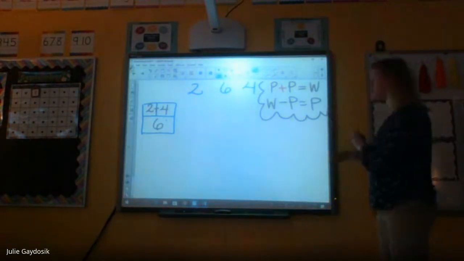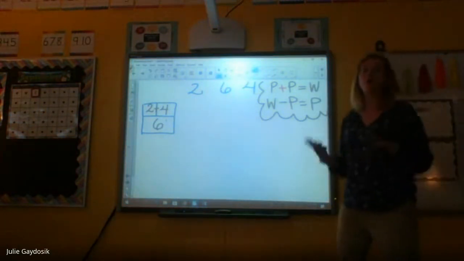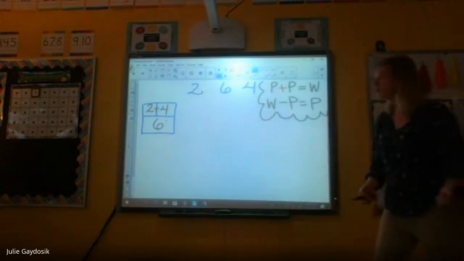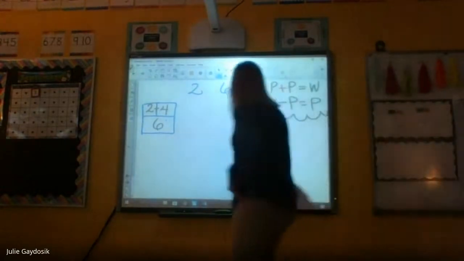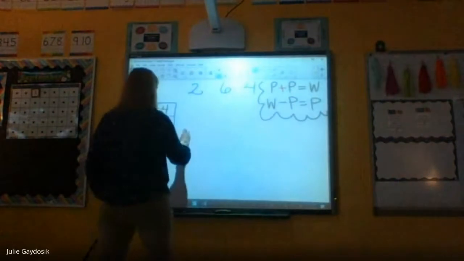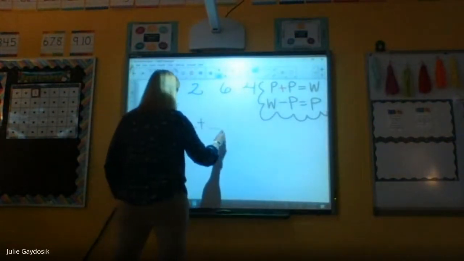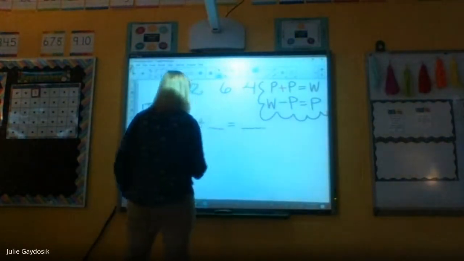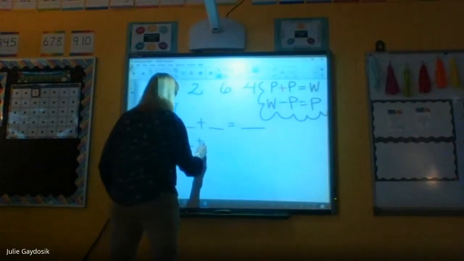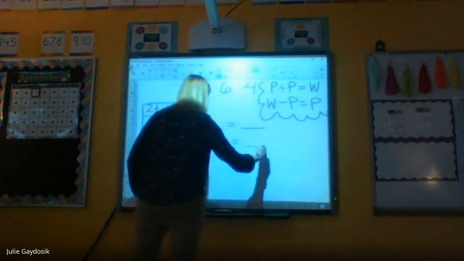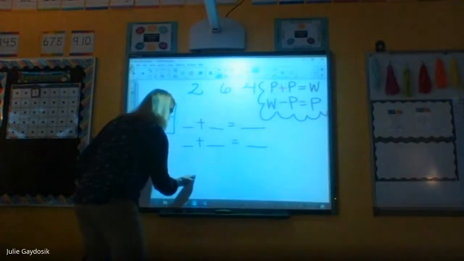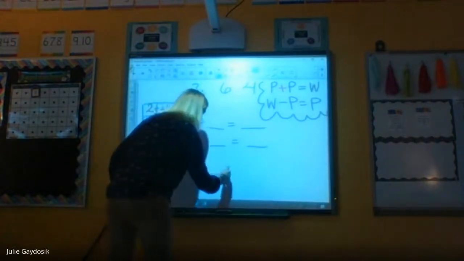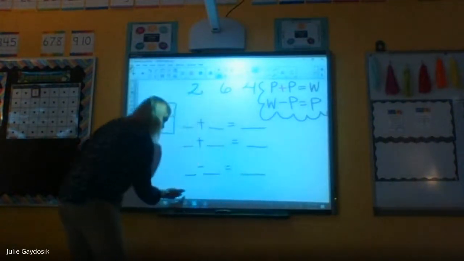Because this will really help you. Part plus part equals whole, whole minus part equals part. So I'm going to have 2 different addition equations, and I'm going to have 2 different subtraction equations.